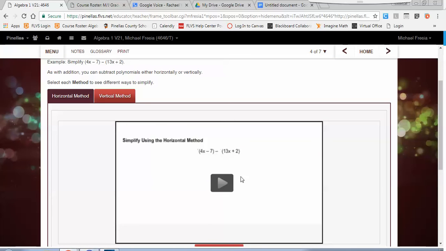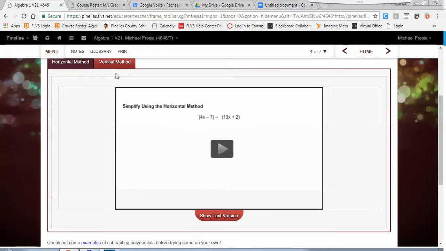Now there's a whole video on this, and I'm hoping that you guys are using these appropriately, but this would become -13x and -2. So now you'd have 4x minus 7 plus or minus 13x minus 2. Because there's a negative sign, that changes the signs of everything inside the parentheses. And then you just, I like lining them up. So it'd be 4x minus 13x and -2 or -7 minus 2.